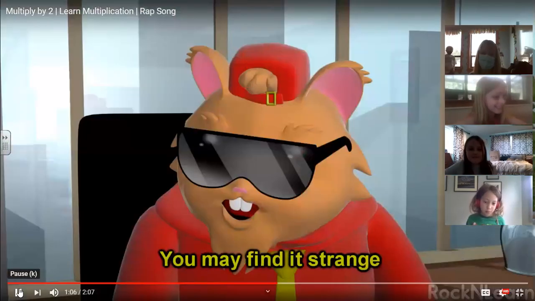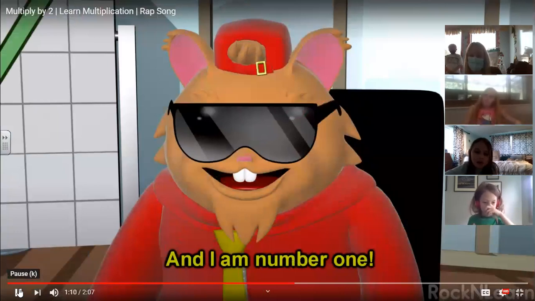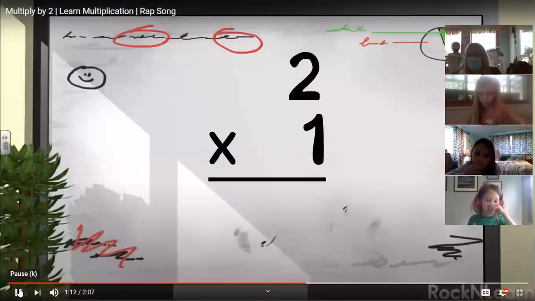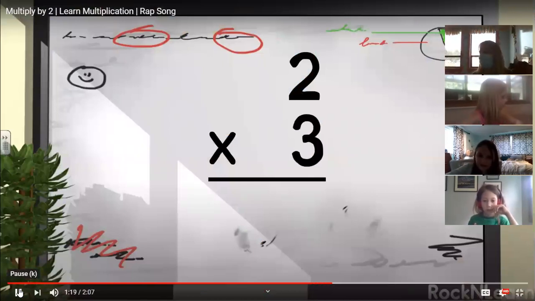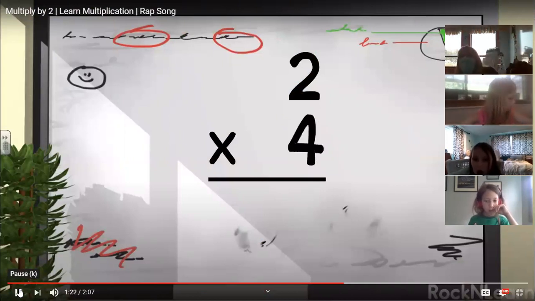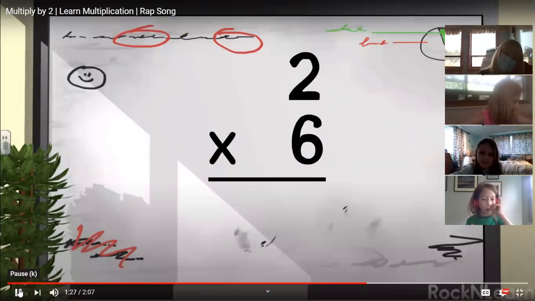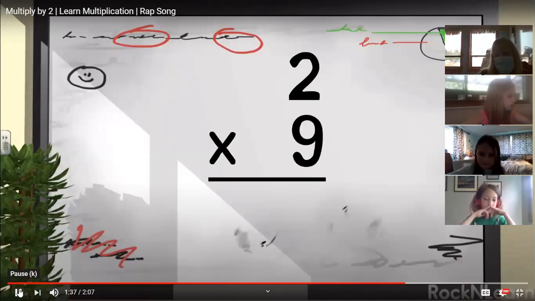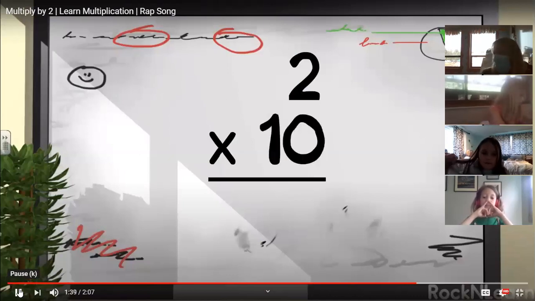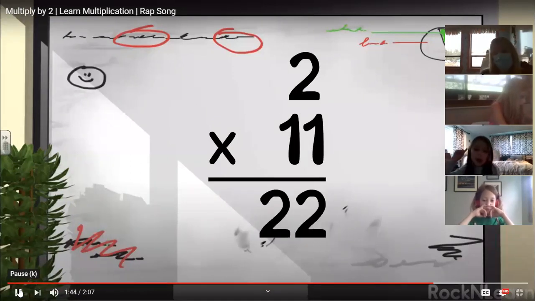You may find it strange that I'm having all this fun. But it is easy and I am number 1. 2 times 1 is 2. 2 times 2 is 4. 2 times 3 is 6. 2 times 4 is 8. 2 times 5 is 10. 2 times 6 is 12. 2 times 7 is 14. 2 times 8 is 16. 2 times 9 is 18. 2 times 10 is 20. 2 times 11 is 22. 2 times 12 is 24.